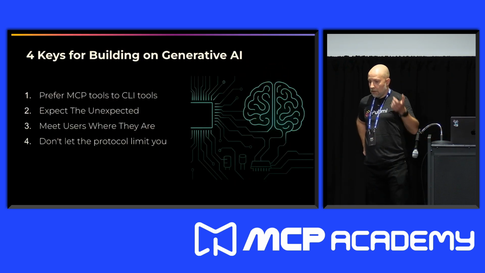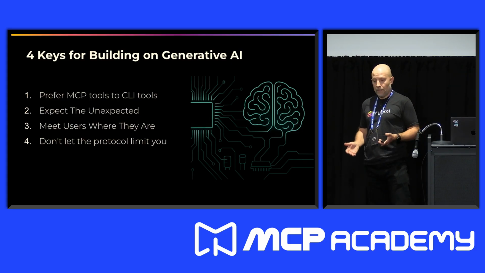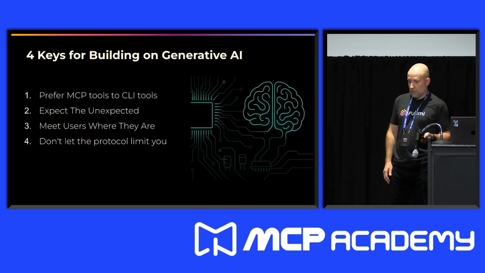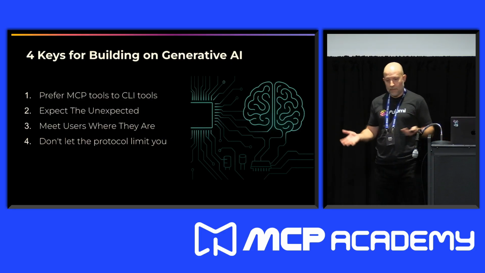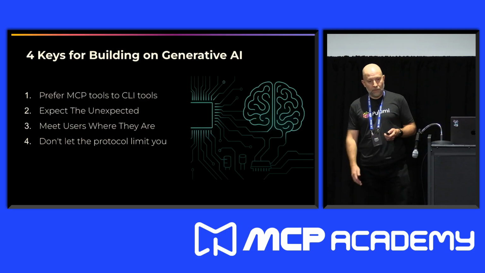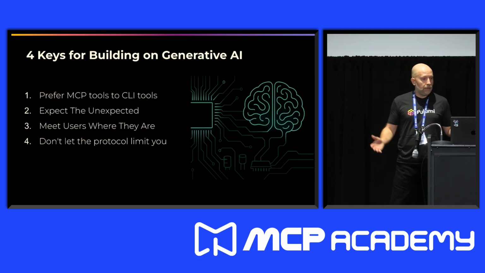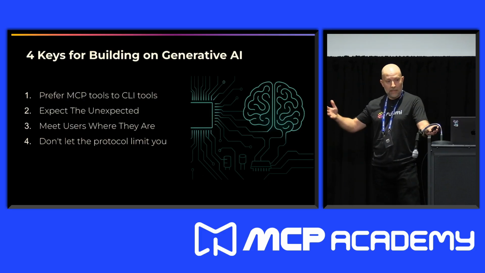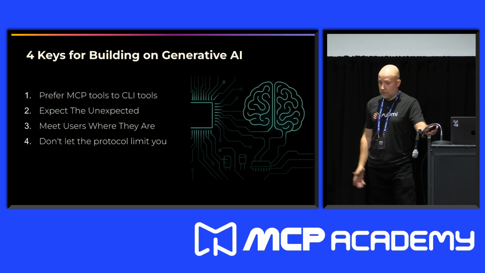And so this brings me to the conclusion of this talk. To summarize the key lessons: number one, prefer MCP tools to CLI tools. Hey, this is MCP conference and not a CLI conference, clearly. We want to use MCP. Expect the unexpected. Do test your implementations across multiple LLMs and multiple MCP clients. That's important.